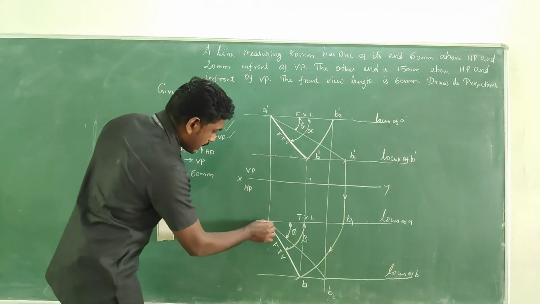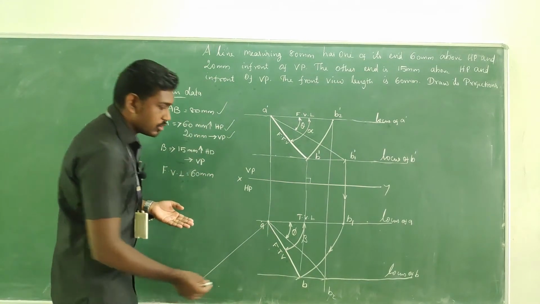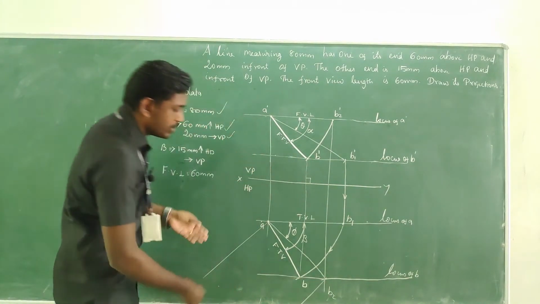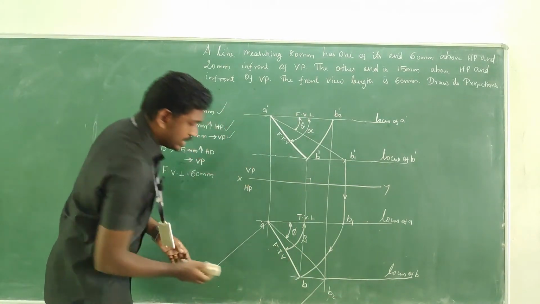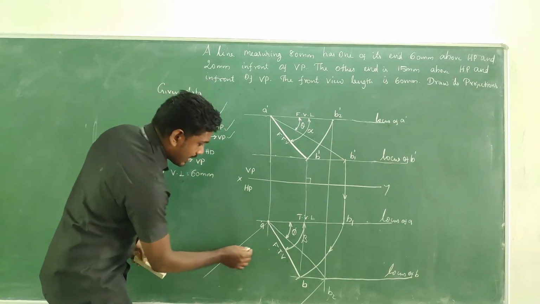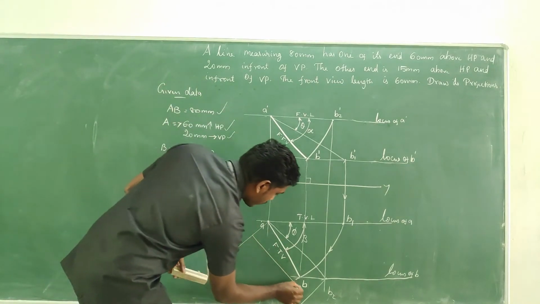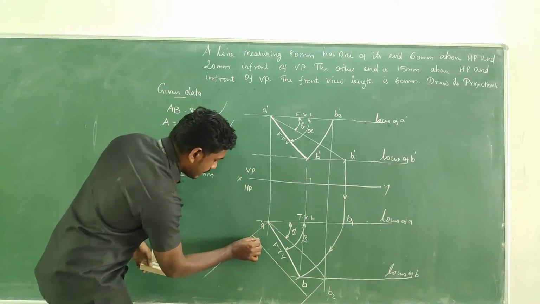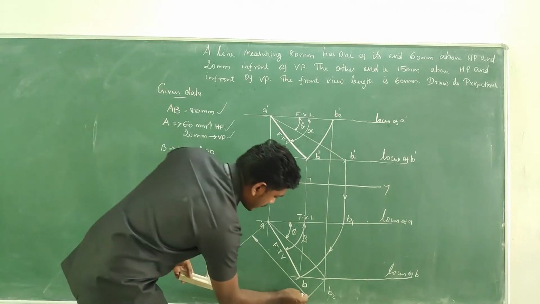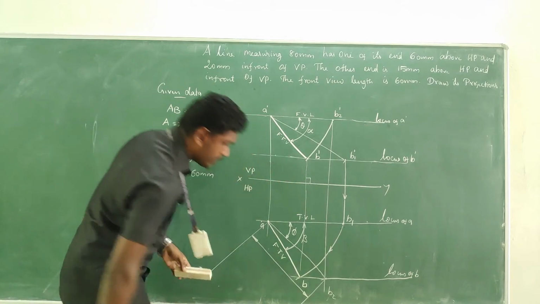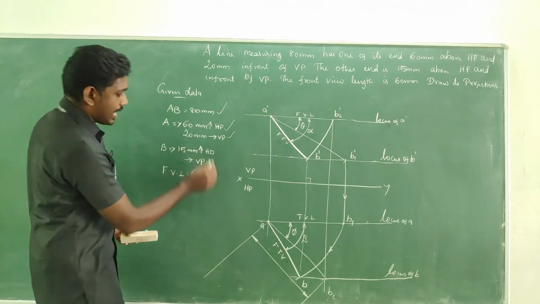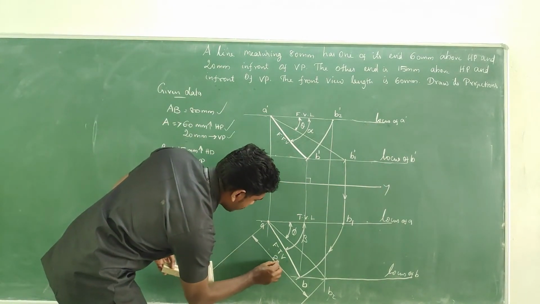Here at the bottom I am going to capture the true length measurement, for which take the dimension line at 90 degrees to that line, draw a parallel line and put arrows at both ends.